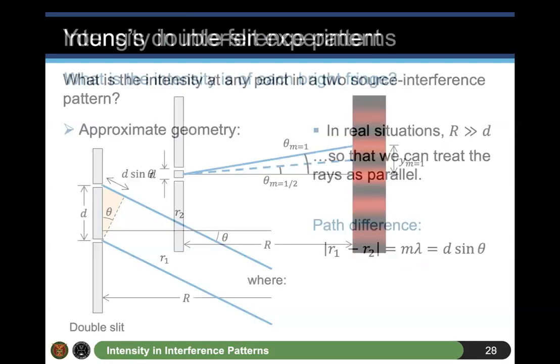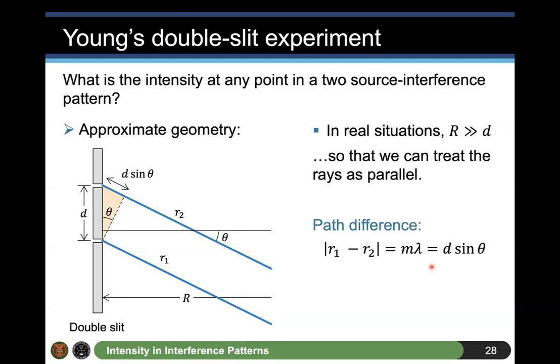So now we have m lambda equals d sine theta. Again, we have here a triple equality, only valid for double slits. Without the d sine theta, R1 minus R2 equals m lambda is for a coherent source. When we have the triple equality, it is valid for the double slit.